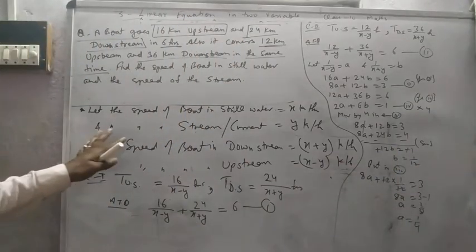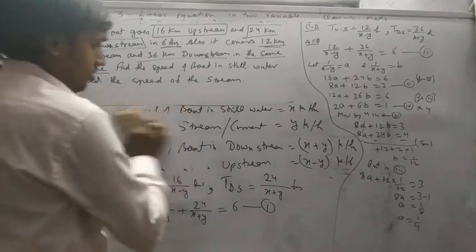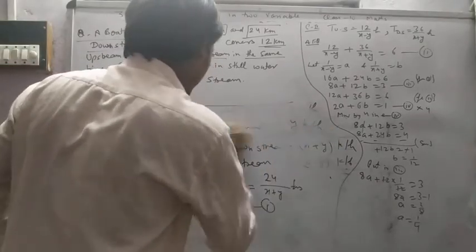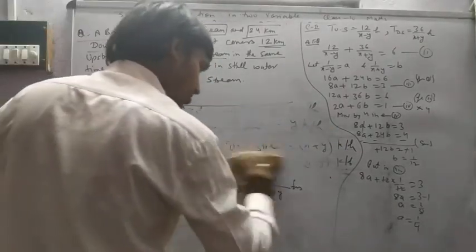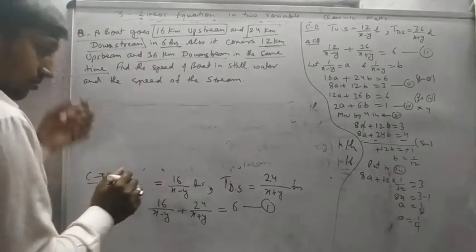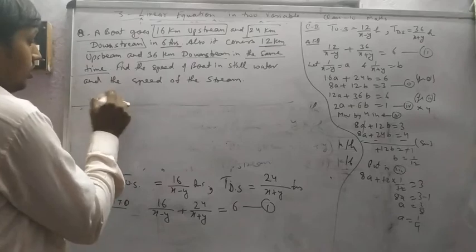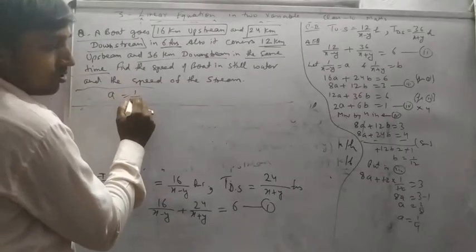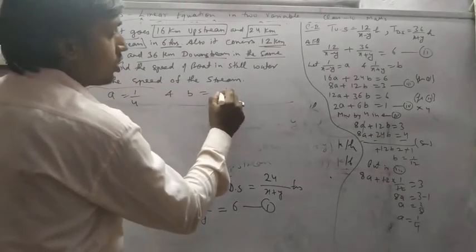You may keep this solution, these 4 lines only, not the whole. a is equal to 1 upon 4, b is equal to 1 upon 12.